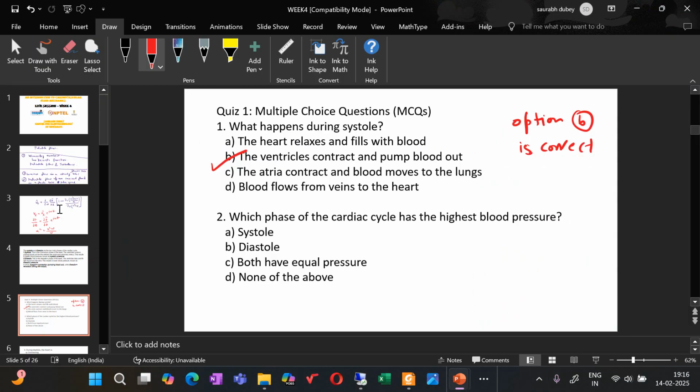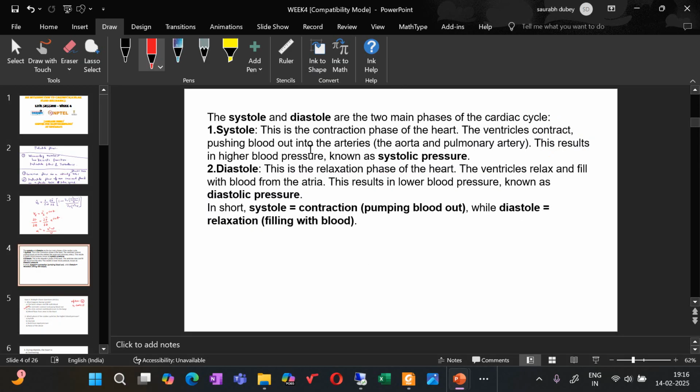Let me come to the answer slide here. The ventricle contracts, pushing the blood out into the arteries, and this results in the high blood pressure known as systolic pressure, right? And diastole is the relaxation phase of the heart. The ventricle relaxes and fills with blood from the atria.